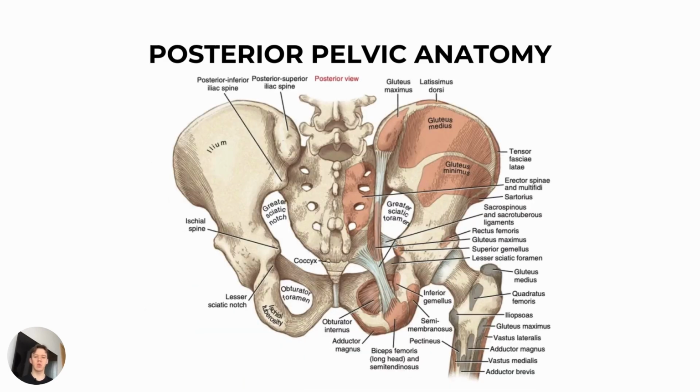The next thing that we need to cover is obviously the posterior pelvic anatomy. Once again, here you can see the sacrum connects to the ilium. The pubic symphysis is also shown here. As well, we can see the insertion point of some hip extensors and some posterior cuff muscles of the hip.